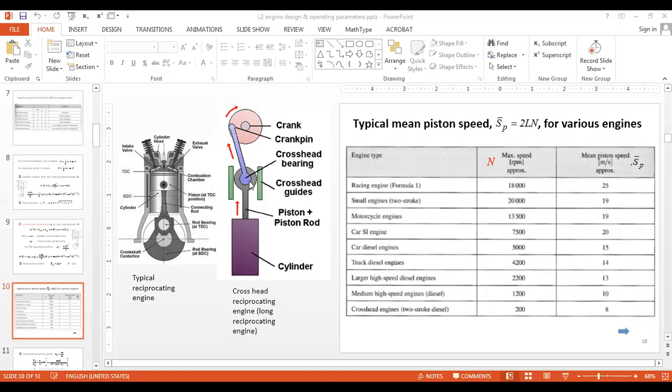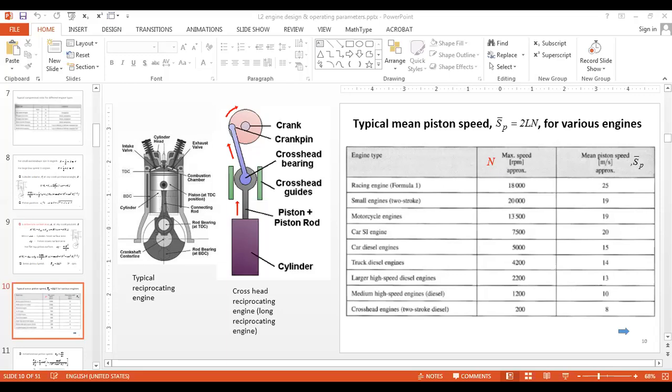We have another connecting rod that connects the piston rod to the crankshaft. That is why they call this a crosshead reciprocating engine, or a long reciprocating engine, because it is longer than this one.